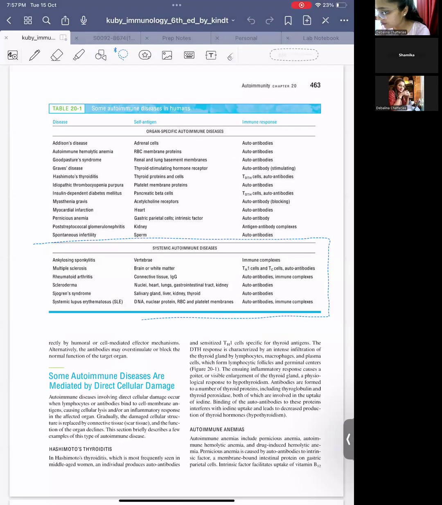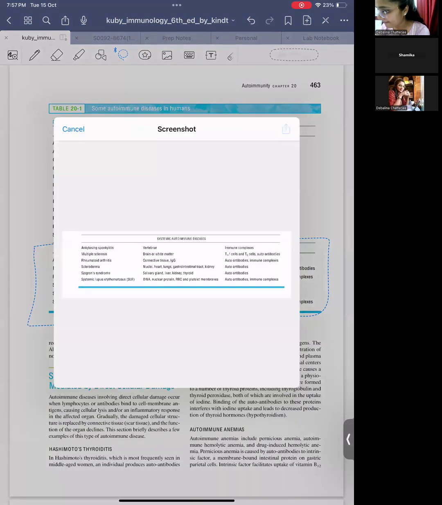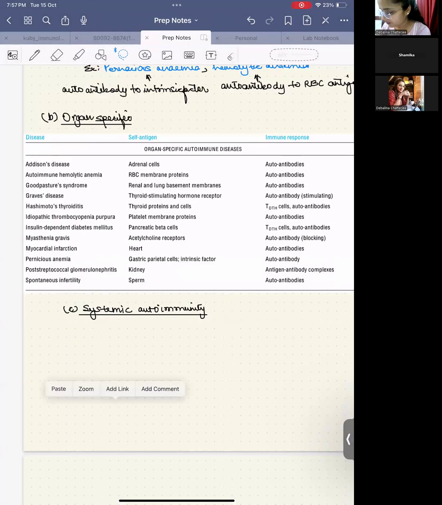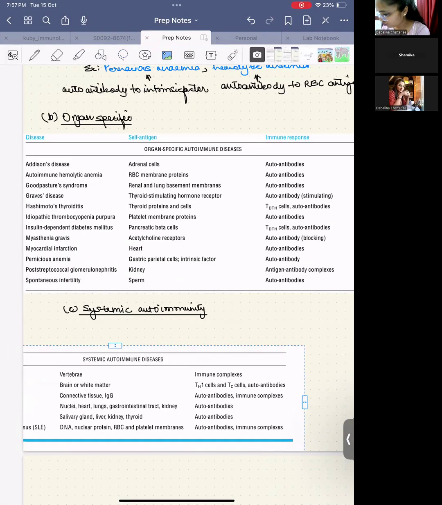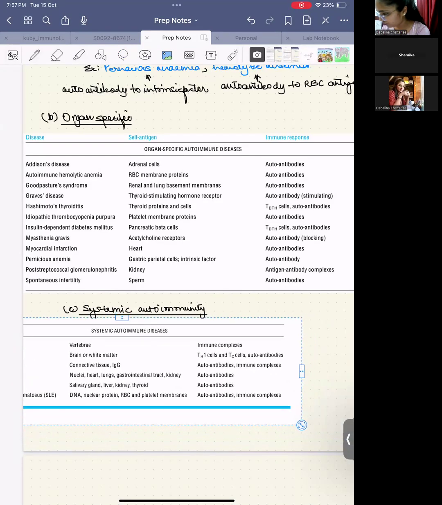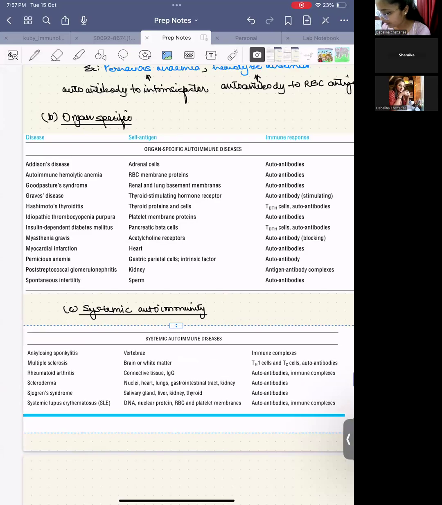These are some examples of systemic autoimmune diseases. Ankylosing spondylitis is an autoimmune disease related to your vertebral column, where the immune complexes that remain persistent lead to the production of autoantibodies.